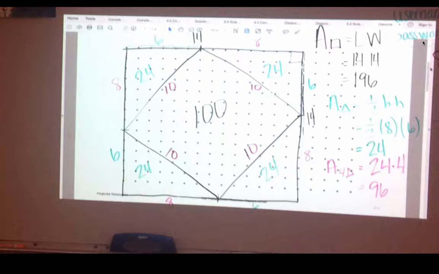So we figured out the area of the big square, and we figured out the area of the triangles by being able to count the distance around the outside of the square. And then we took the area of the big square minus the 4 triangles to get the area of the small square. And then from there, we figured out the hypotenuse length of those triangles, or the side length of the squares.